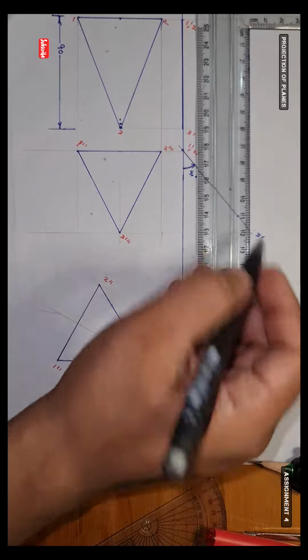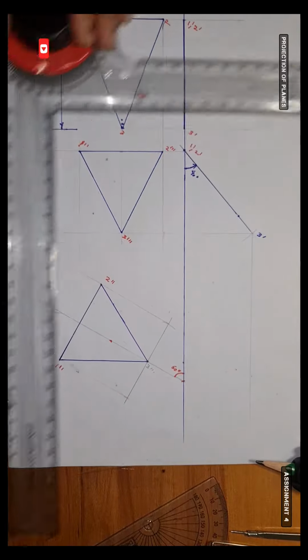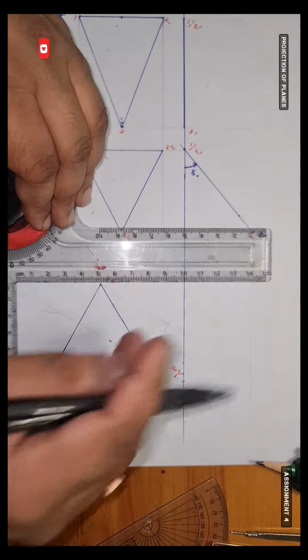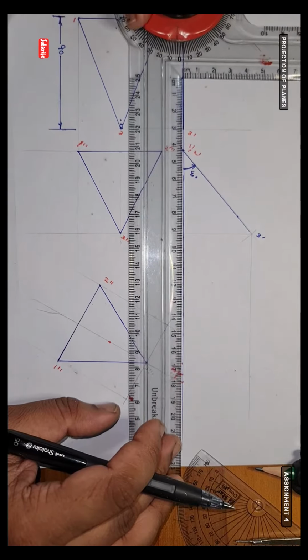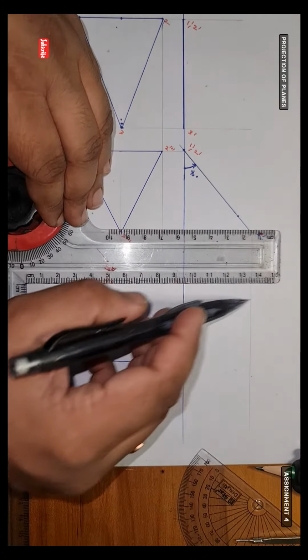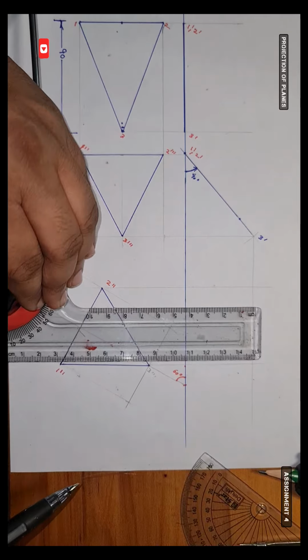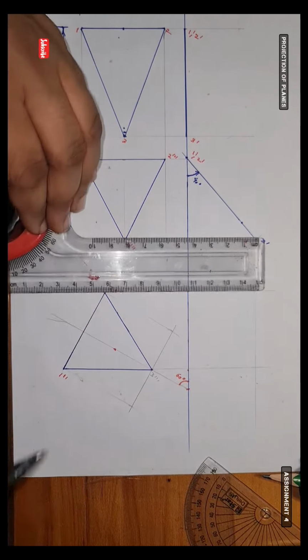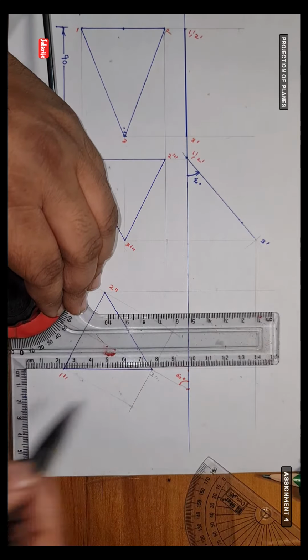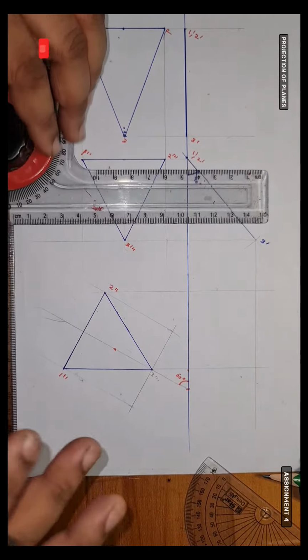So now the third step is you need to lift these points. Always keep checking that your drafter is parallel to the XY line. It is almost going to be a straight line, so don't worry.